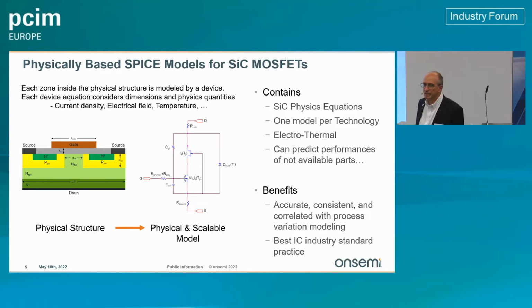In this way, we get one model per technology. We made those models electro-thermal, so when there's self-heating, or an external heatsink, or you operate at different temperatures, you have different performances. We can also predict performance if the part is not available, because we have the technology model and can derive any part.